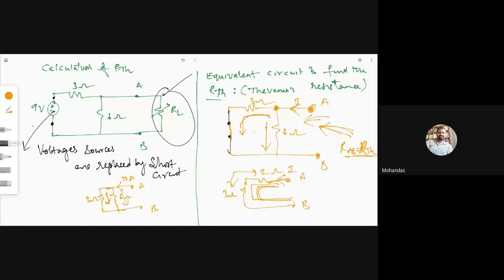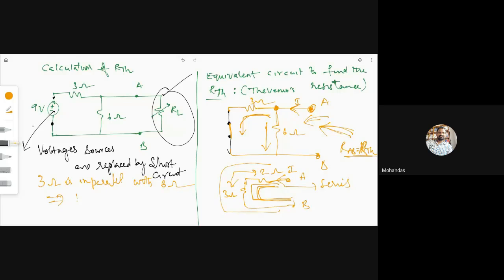Same current flowing through the 2 ohm and 3 ohm, then we can say these are in series. But if current is going to be divided, here we can say the 3 ohm resistor is in parallel with the 6 ohm resistor. Then what is the equivalent here?